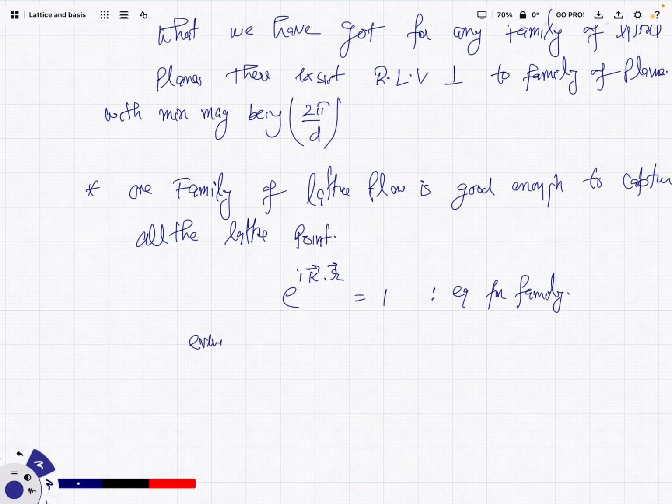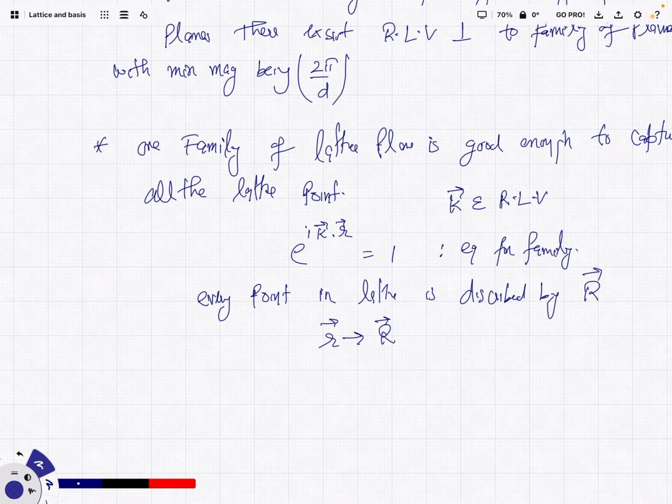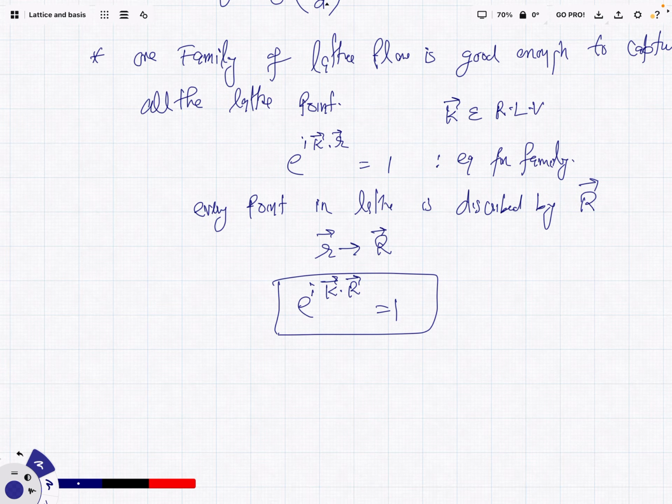Here capital K belongs to the reciprocal lattice vectors. Every point in the lattice is described by an R vector. So if I replace R with capital R, what should happen? This equation should be true: capital K dot capital R is 1. Is this equation always true?